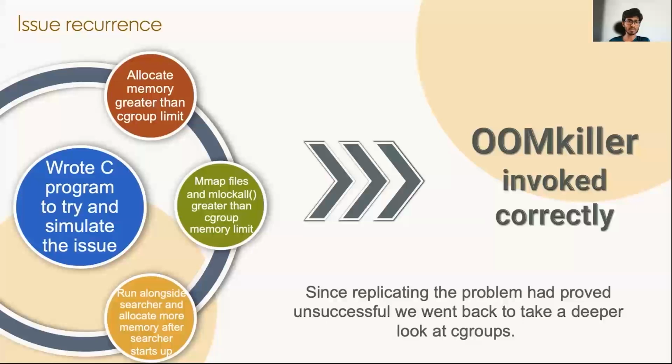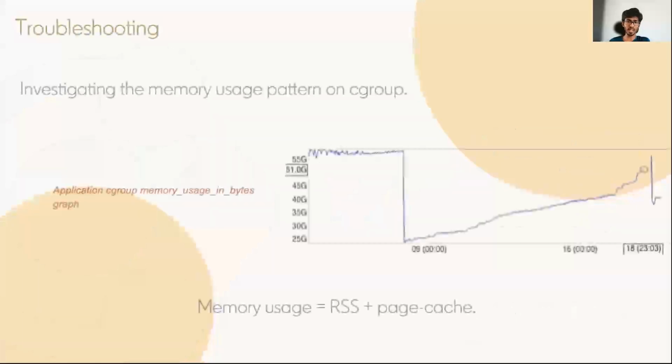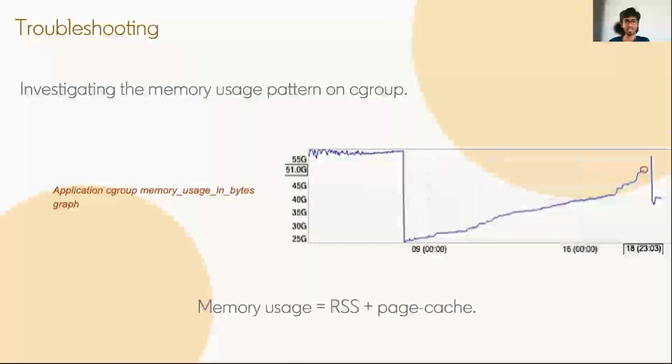So we thought we'd dig more into C groups, and we started looking at the memory usage pattern on C groups. Here is the application C group memory usage in bytes graph. You can see this point marked in red at 51 GB, and that's where the host went unreachable.